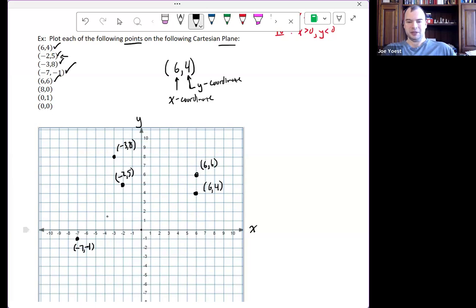So 8, comma 0 means I'm at 8 on the x-axis and 0 on the y-axis. I don't deviate vertically up or down. I'm actually right on that x-axis at location 8.